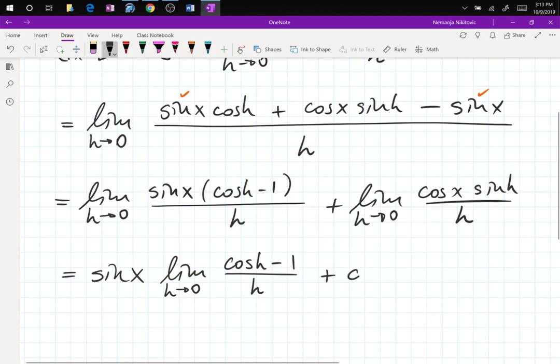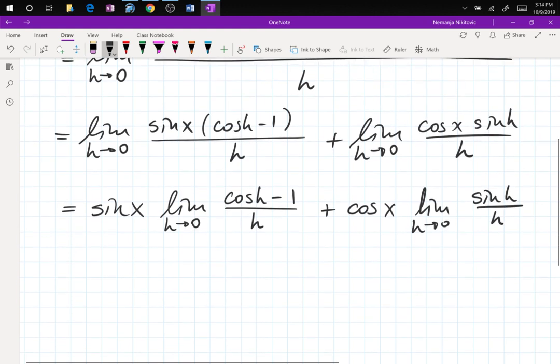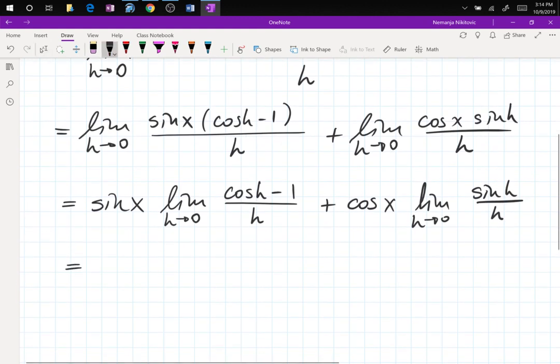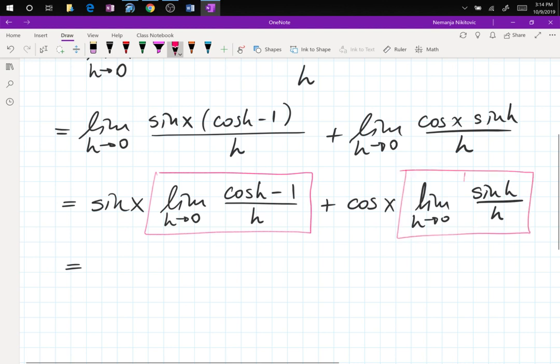And then plus over here you can kick cosine x out and have the limit h goes to 0 of sine h over h. And now you are faced with these 2 special limits that you are asked to memorize at first, but then in chapter 4 you are going to learn the way to solve these. So these are special limits.